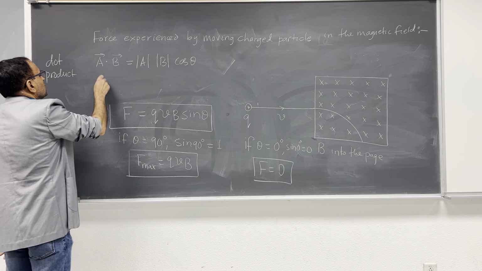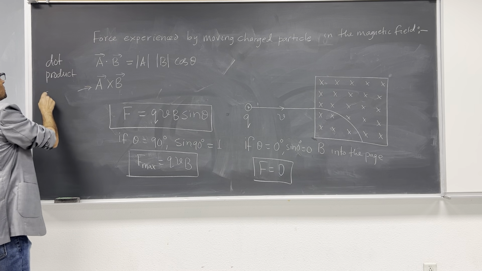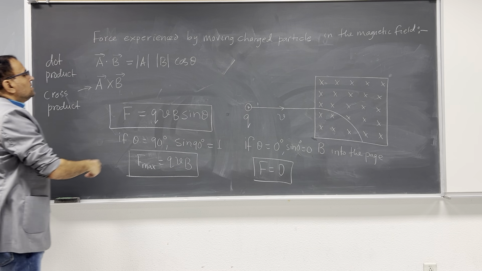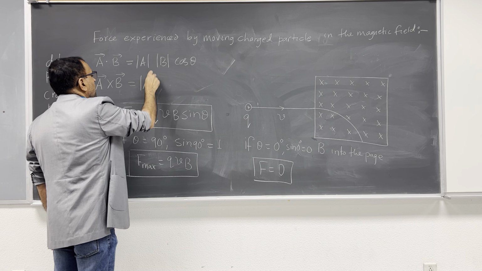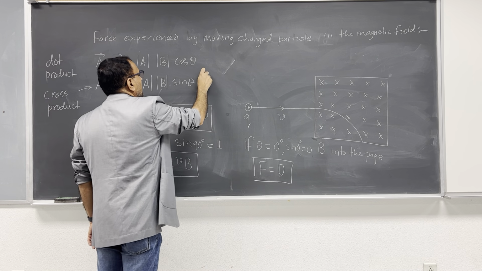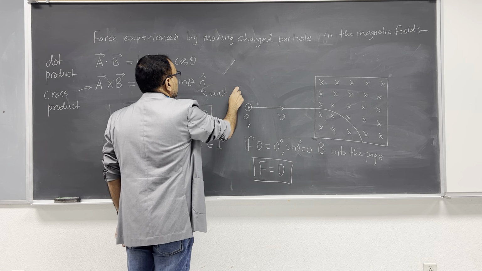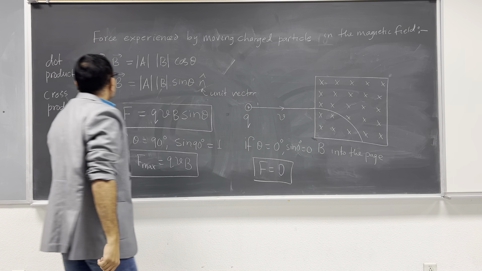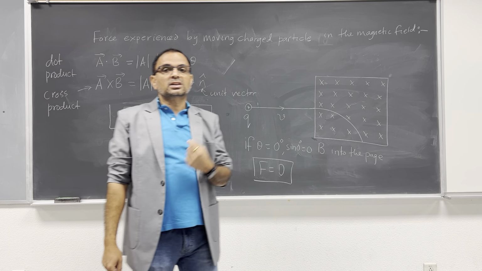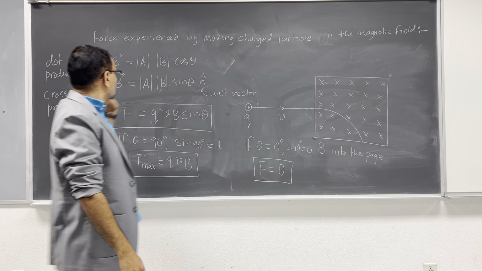But if you take the cross product, you can write magnitude of A, magnitude of B, sine theta, then n cap. This is the unit vector. So this is a vector. If you take a cross product between two vectors, the result is again a vector.